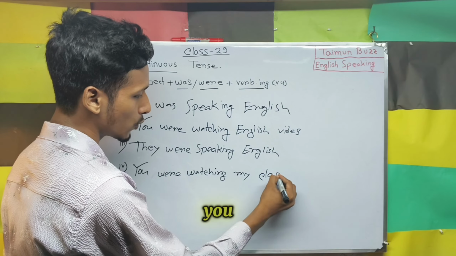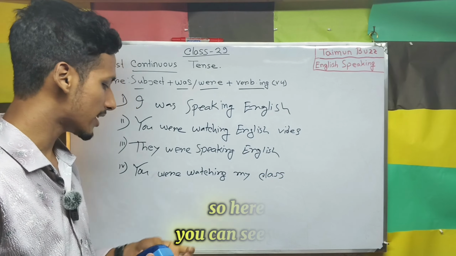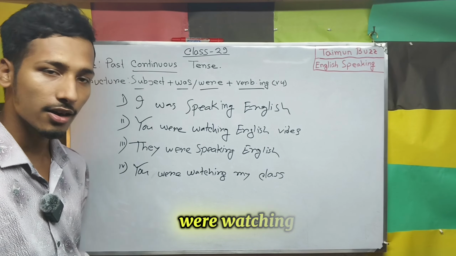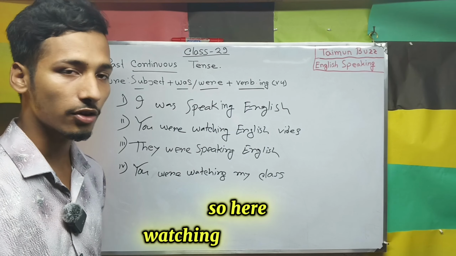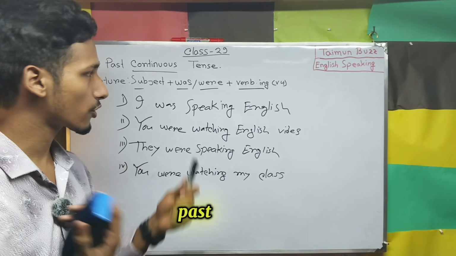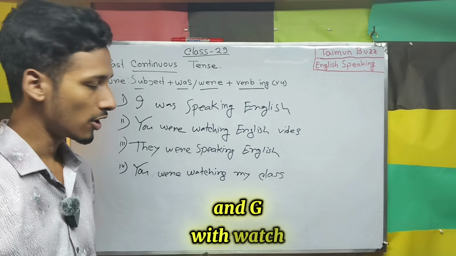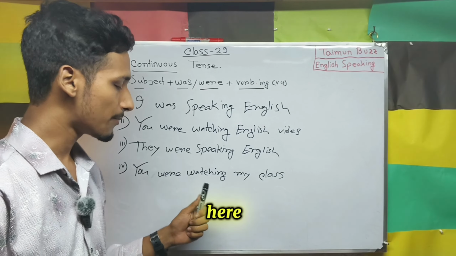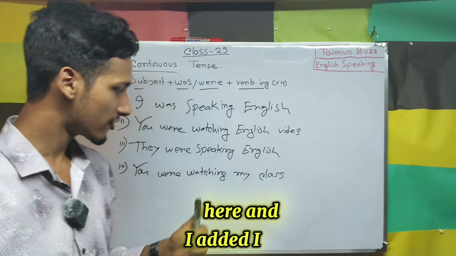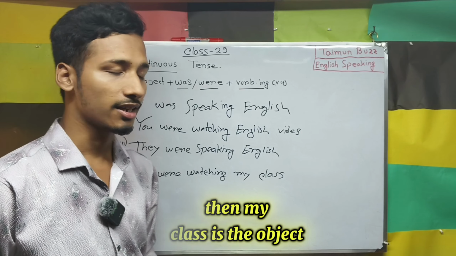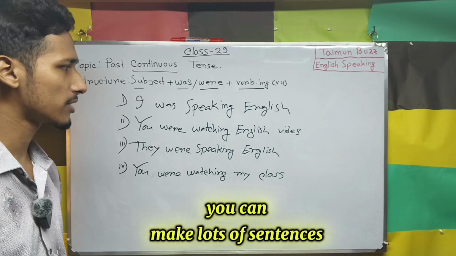Okay, you were watching my class. So here you can see you were watching. Because it is past continuous tense, that's why I add ing with watch. Watch is the V form here, and I added ing. Then my class is the object. Like this you can make lots of sentences.